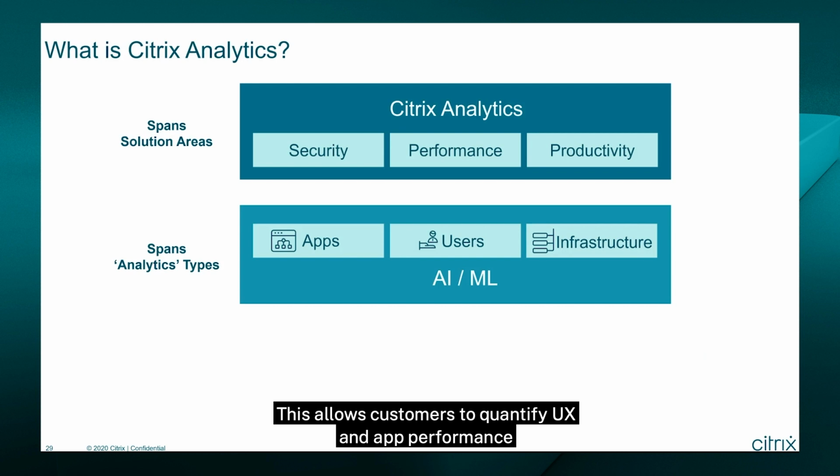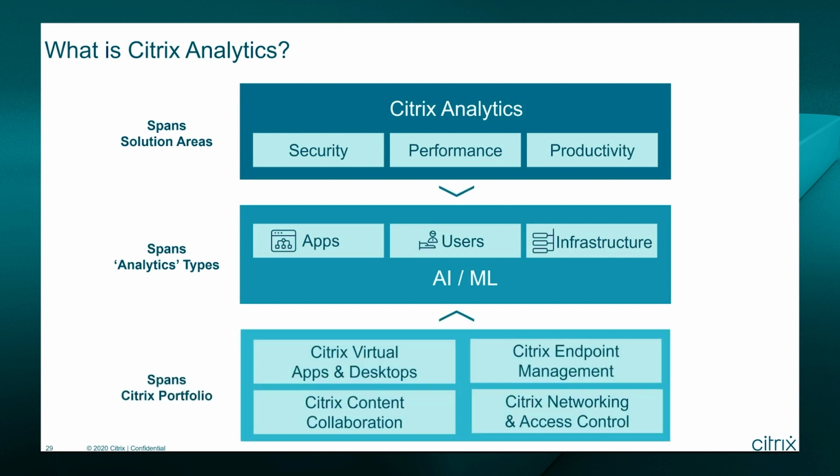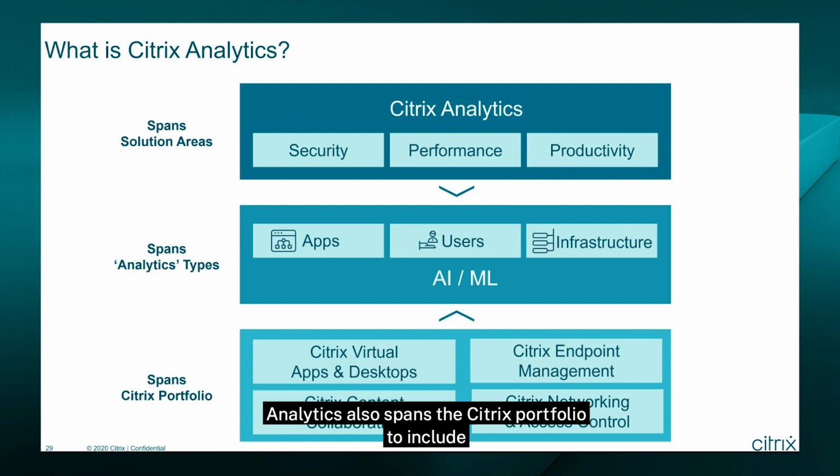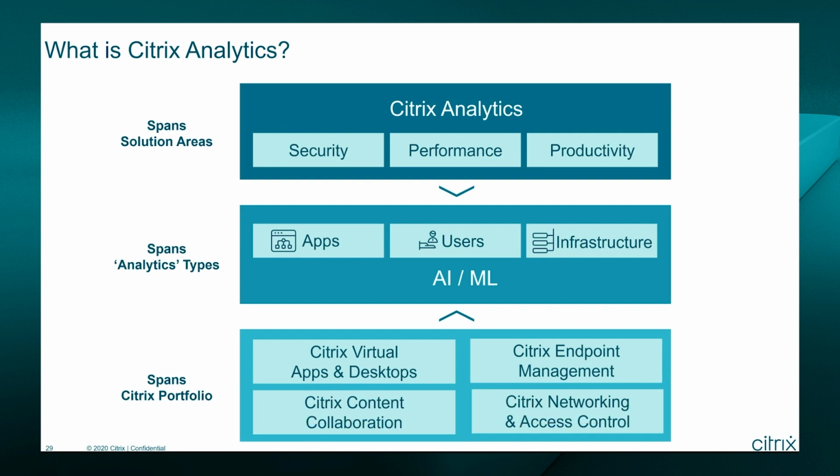This allows customers to quantify UX and app performance with the ability to have multi-site aggregation and reporting. Analytics also spans the Citrix portfolio to include virtual apps and desktops, endpoint management, content collaboration, and secure workspace access.